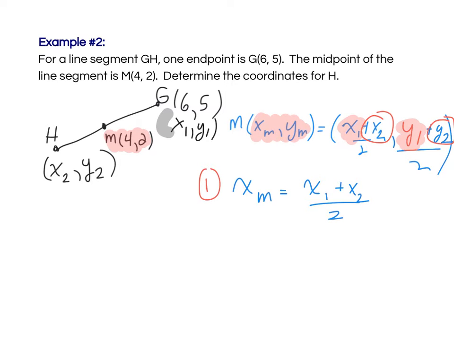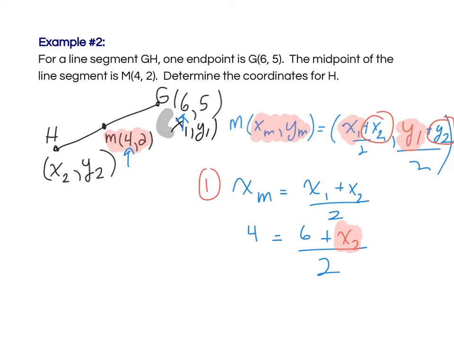And I'm going to fill in what I know. Well, I know the x-coordinate of the midpoint is right here, so I'm going to fill that in. And I know that x1 is right here, that's 6, plus x2 divided by 2. And so now I have my unknown, x2, in a simple one variable equation that I can solve for.